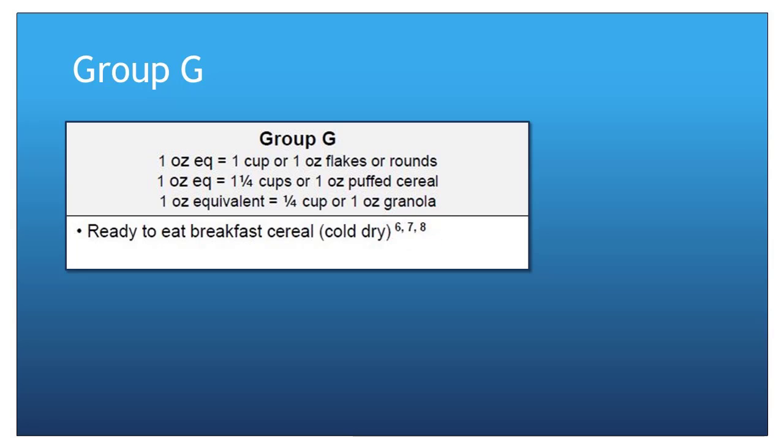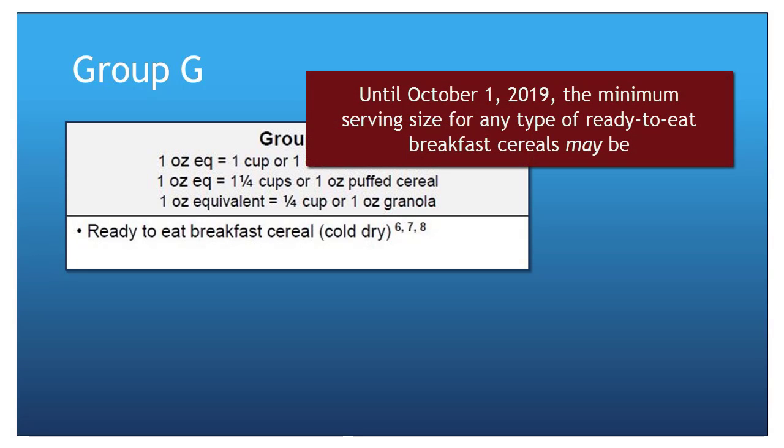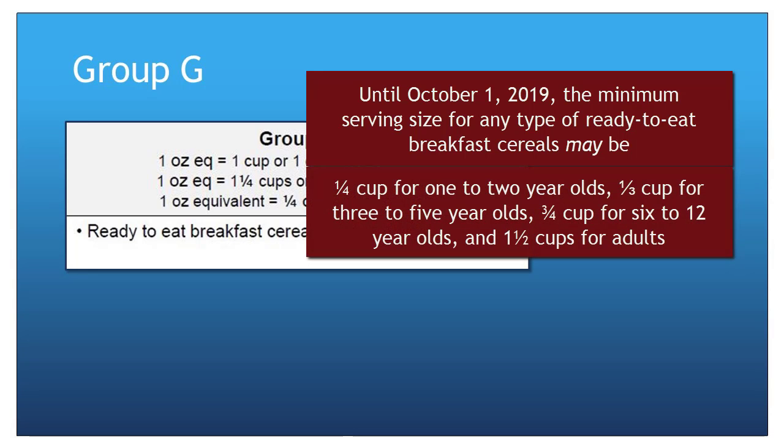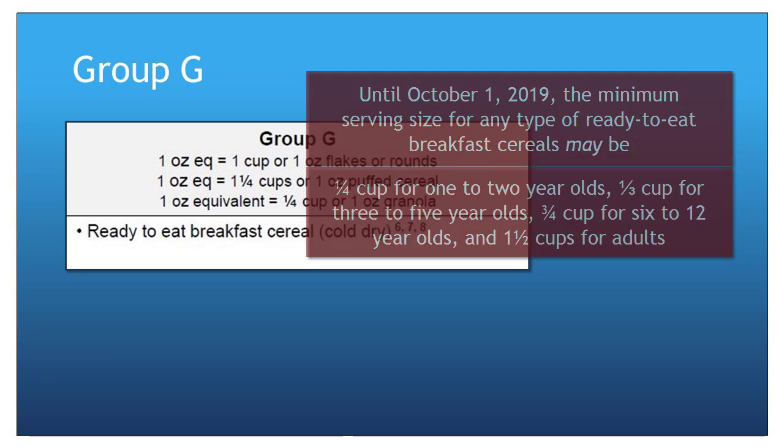According to footnote 8, until October 1st, 2019, the minimum serving size for any type of ready-to-eat breakfast cereals may be 1/4 cup for 1 to 2-year-olds, 1/3 cup for 3 to 5-year-olds, 3/4 cup for 6 to 12-year-olds, and 1 1/2 cups for adults.